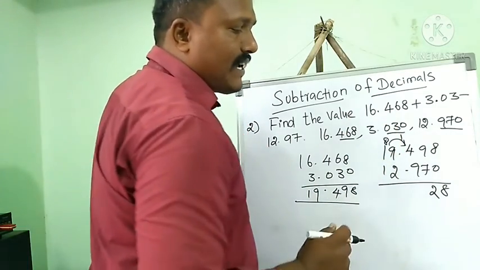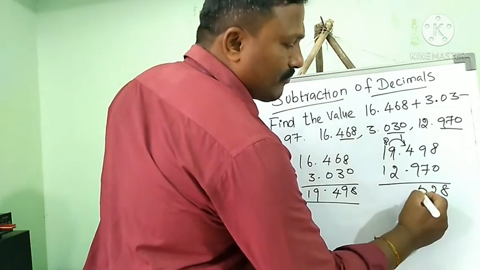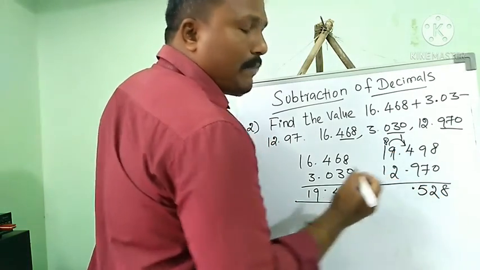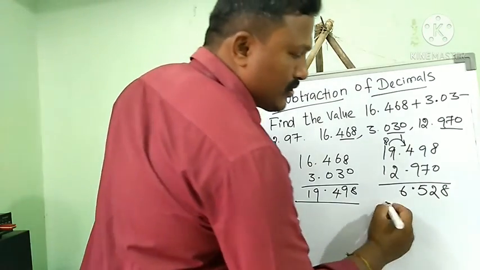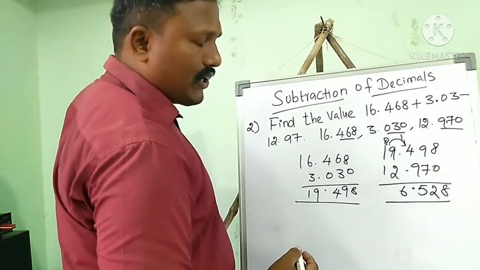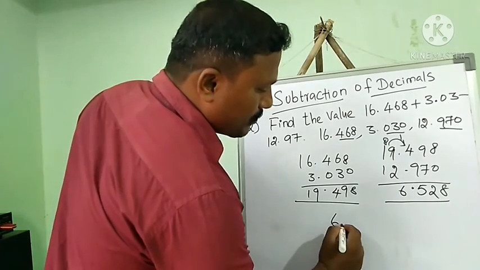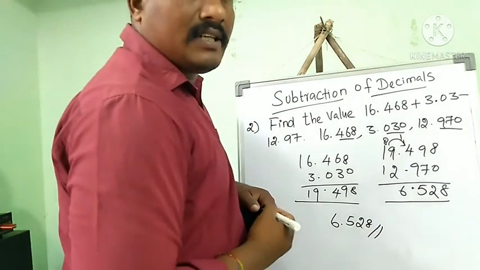So 14 minus 9, 9, 10, 11, 12, 13, 14, so 5. Then decimal point, 8 minus 2, you can get 6, 1 minus 1, 0. So 6.528 is the answer.